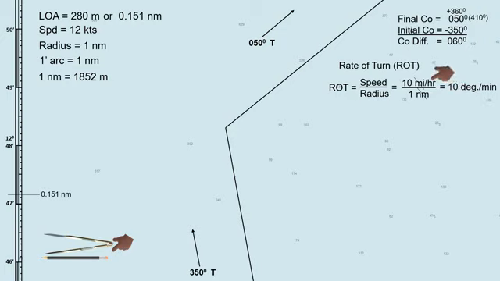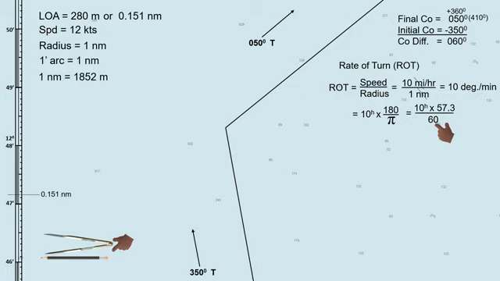To convert it into degrees per minute, multiply it by 180 divided by pi. The value of 180 divided by pi is 57.3. So we have 10 per hour, times 57.3. To convert hours into minutes, we will divide it by 60, since 1 hour is equal to 60 minutes.